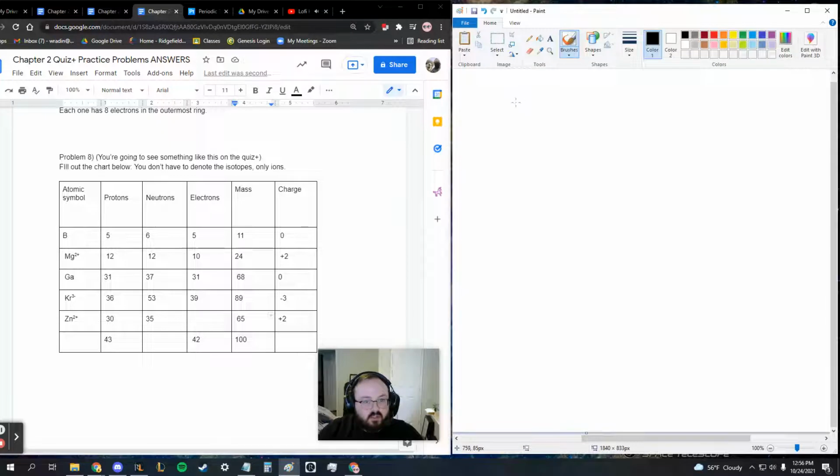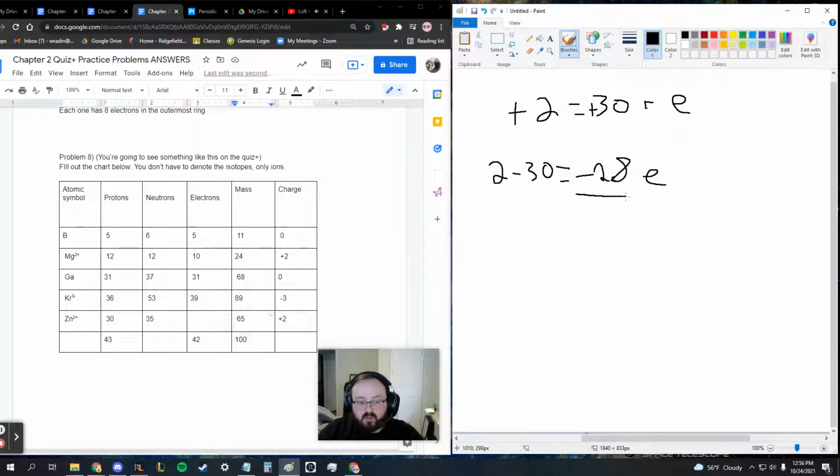We know that our charge is +2. So this equals 30 plus our electrons. We have +30. So 2 minus 30 gives us -28. That is the electron charge. Divide that by the charge of 1 electron, which gives us 28 electrons.